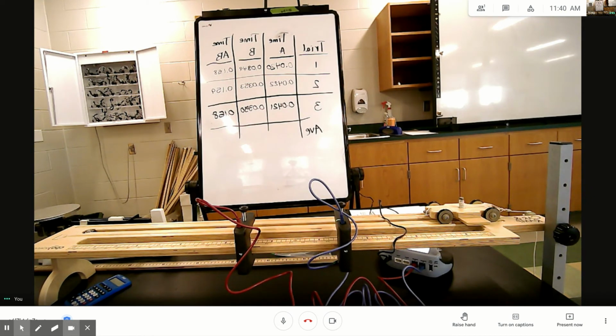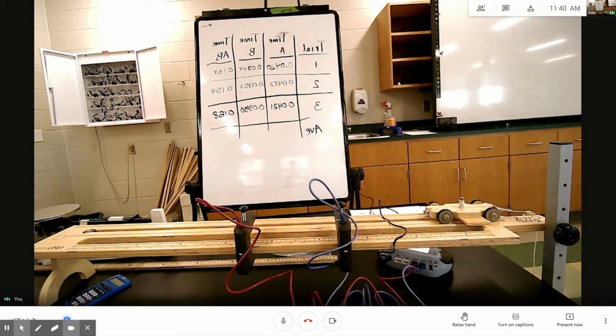You should get an acceleration that is, I don't know what it actually is for this particular set of data, but a reasonable acceleration between, I think, maybe 0.5 meters per second squared up to maybe 2-ish meters per second squared should be reasonable.